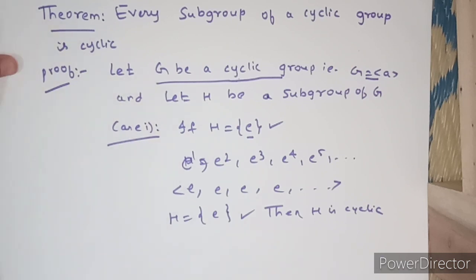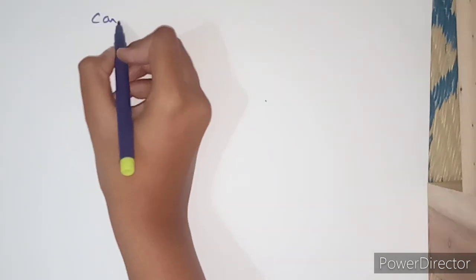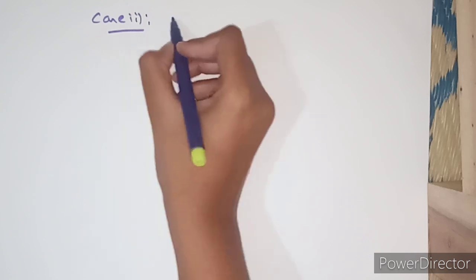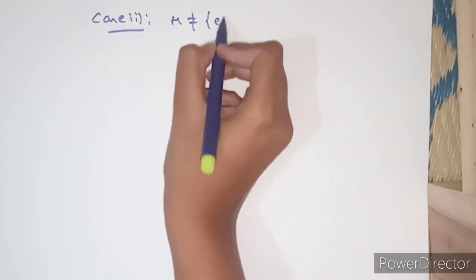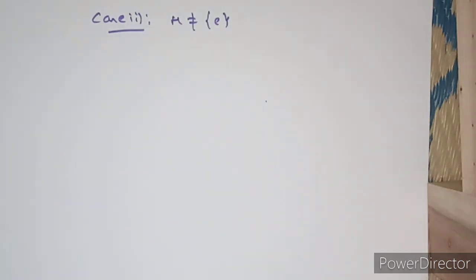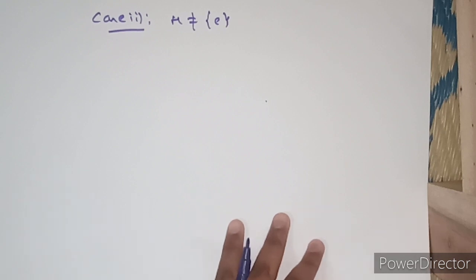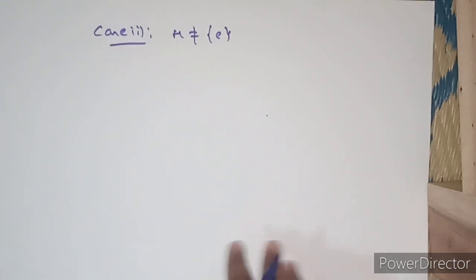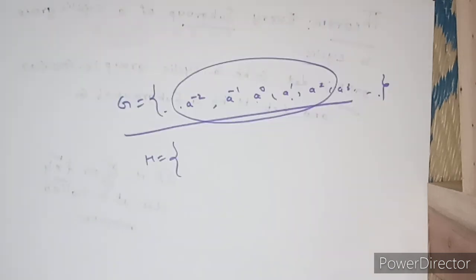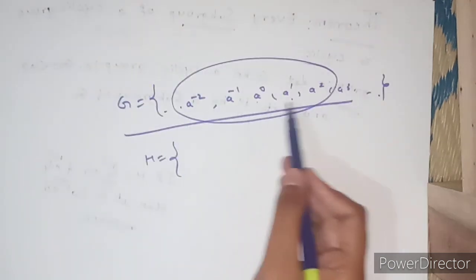Now case 2. Let us assume H is not equal to {e}. If H is not equal to the identity element e, that means H contains some other element, because it is not equal to the identity element e. That means some element belongs to H, right? Elements of G are integral powers of a.